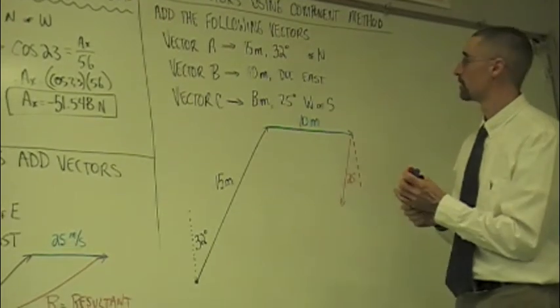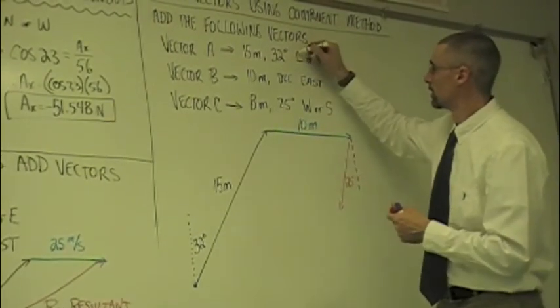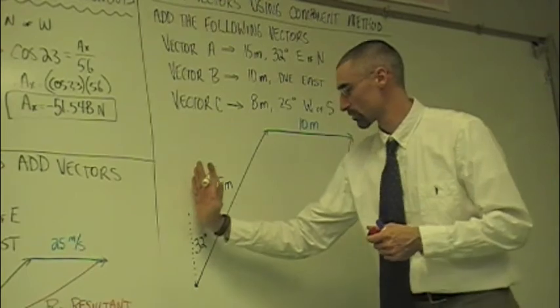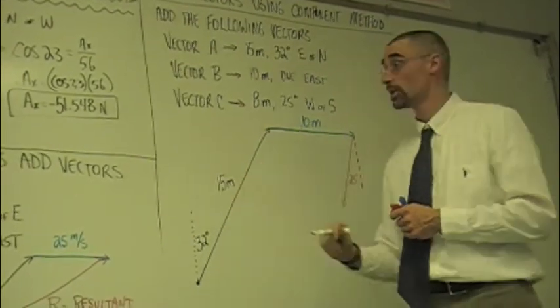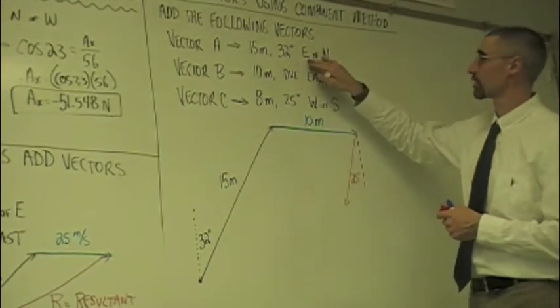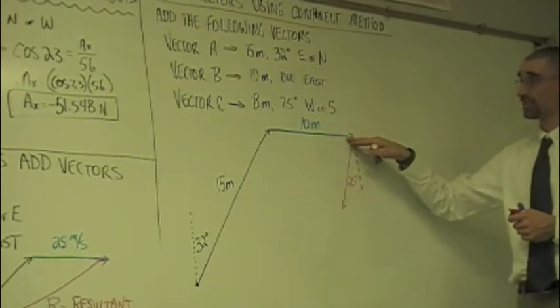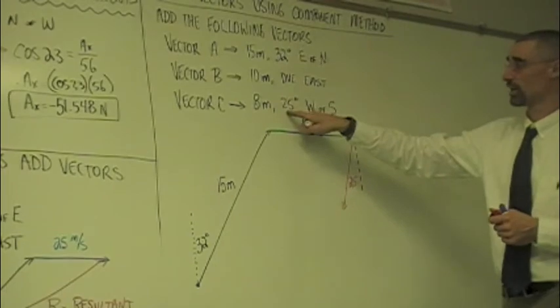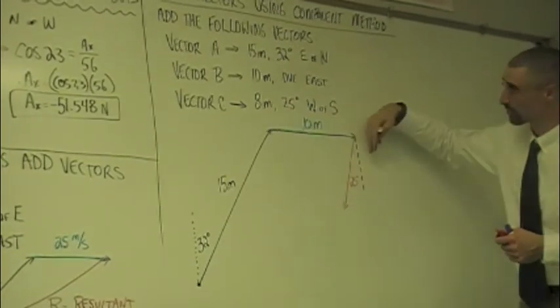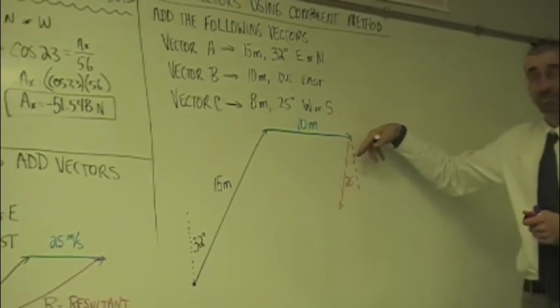Let's set that up, okay? Because this is north, we're moving in the east direction. So we're going 32 degrees east of north, and then 10 meters due east, and then 8 meters, 25 degrees west of south.